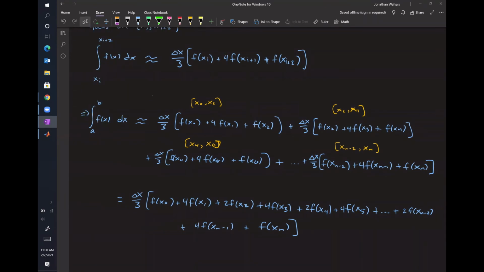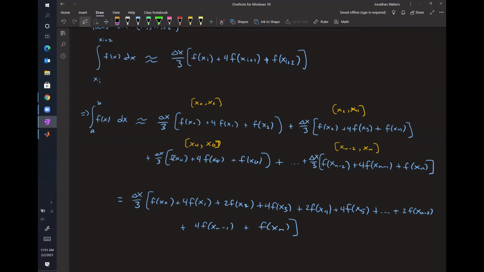So basically it alternates in the middle from x1 to xn minus 1: 4, 2, 4, 2, 4, 2, 4. The second to last term is always a 4, and the outer terms, 0 and n, have a multiplier of 1.